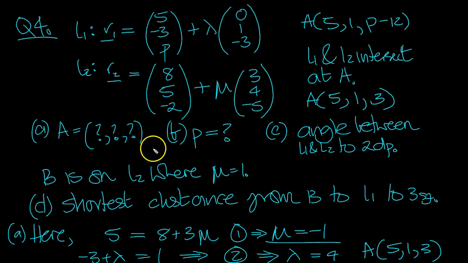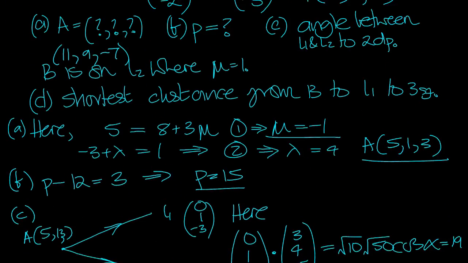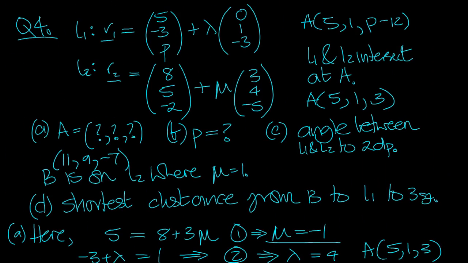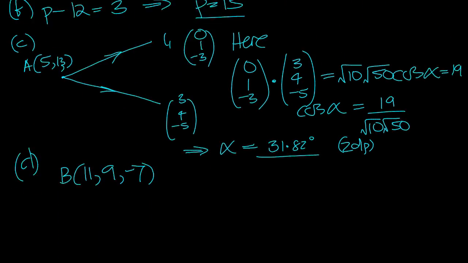So B would be, mu is 1, so it's 8 plus 3 is 11, 5 plus 4 is 9, minus 2 minus 5 is minus 7. 11, 9, minus 7. Okay, so there's B. So the shortest distance from that to L1.